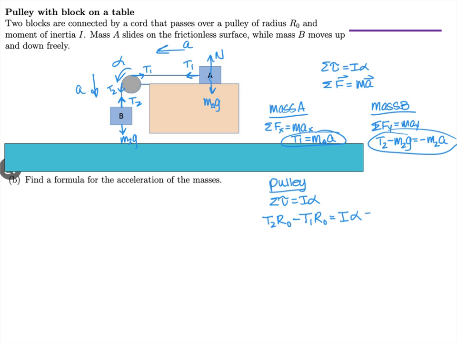I want to find an expression for acceleration, so I'm going to use the fact that the angular acceleration is the linear acceleration over the radius. And so I have T2 R naught minus T1 R naught is equal to I A over R naught. I'm going to divide both sides by R naught again.